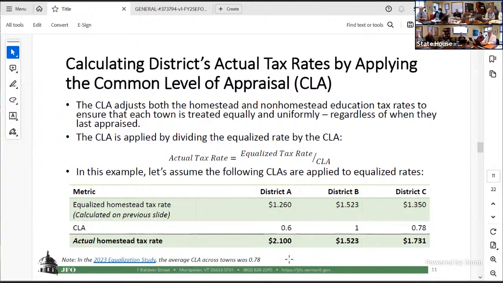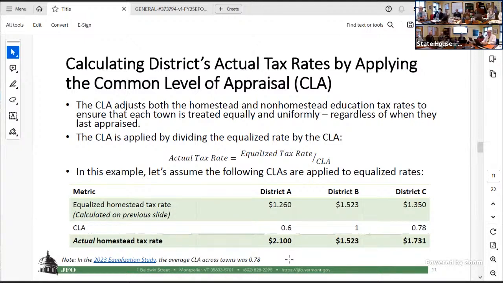And so in all of the modeling that we're doing, we're always including the CLA to ensure that the right amount of funds are being raised. Getting rid of the CLA, yeah, if you were to get rid of it, then the ed fund would be short. I'm not sure how much.